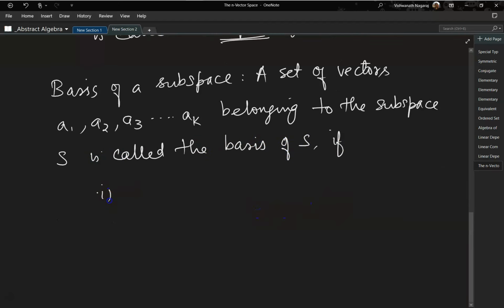So the number of members of the basis set is called the dimension of the subspace.